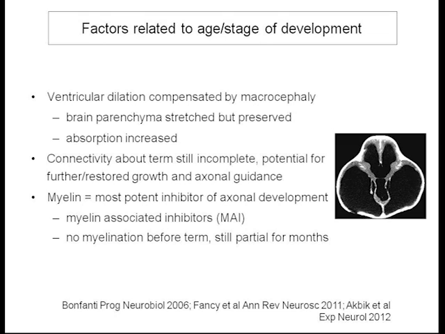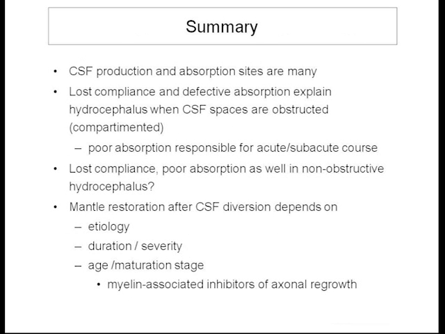But the problem is that the myelin is preventing the growth of the axons. That's a big problem in multiple sclerosis. And in this case, if you wait too long before you shunt the patient when the tissue is already myelinated, then you lose the possibility of recovery of the brain.